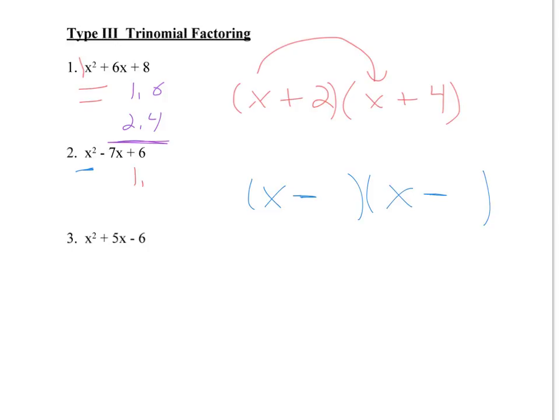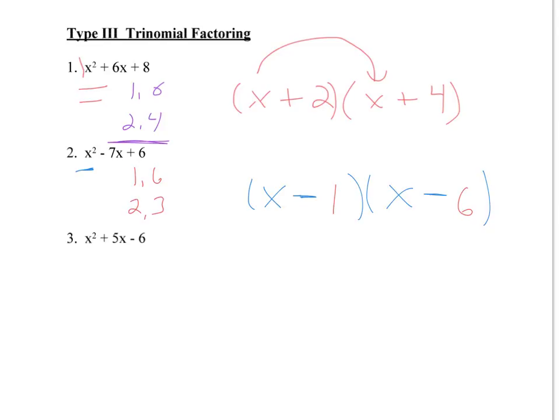I get 1 and 6, or 2 and 3. Because my C term was positive, I need to figure out which factors of 6 add up to 7. Well, 1 plus 6 is 7, 2 plus 3 is 5, so I'm going to use the 1 and the 6.